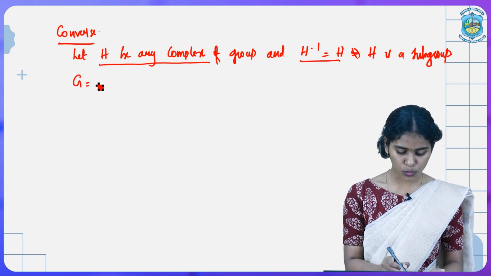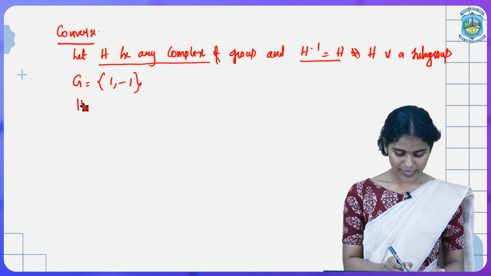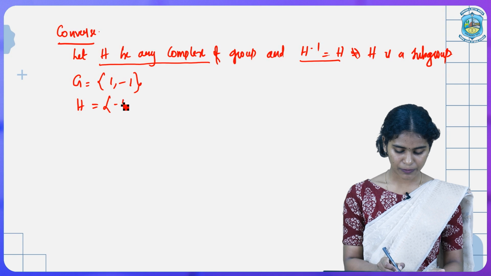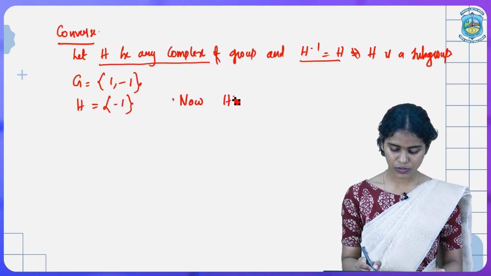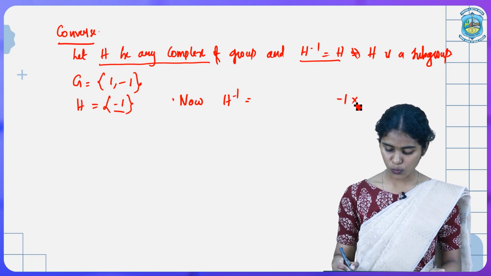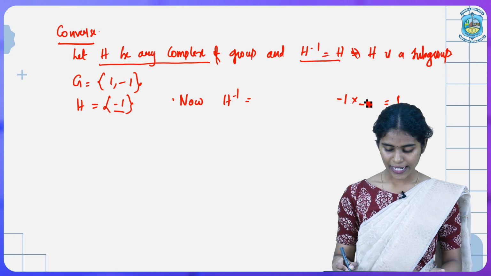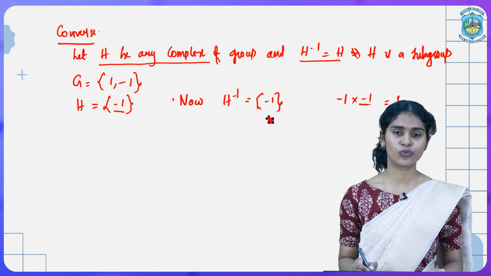Let us consider a group G equal to {1, −1} and let the complex H be {−1}. Now, what will be the H⁻¹? What do you mean by H⁻¹? H⁻¹ should be that particular element, that is, −1 multiplied by what is giving you 1. It is exactly −1. So, the H⁻¹ remains the same, −1.